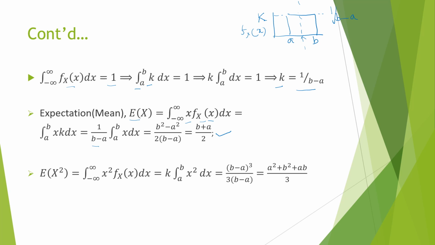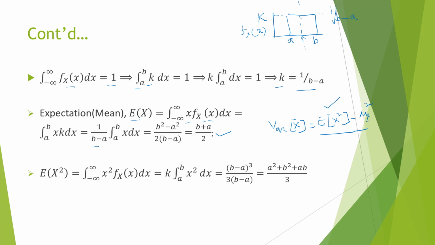Next we are going for variance. For variance x, we have already seen the simplified equation: the mean square value minus square of the mean. This is the equation for variance. So to find variance x, we need to calculate the mean square value first and then the mean value.